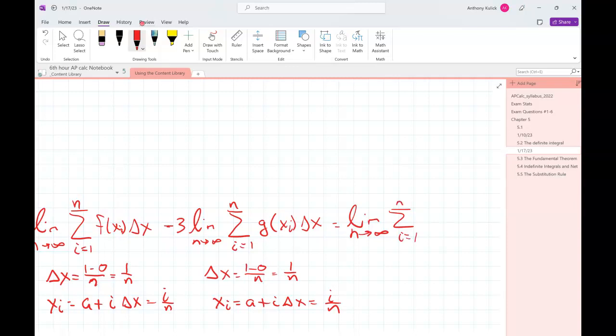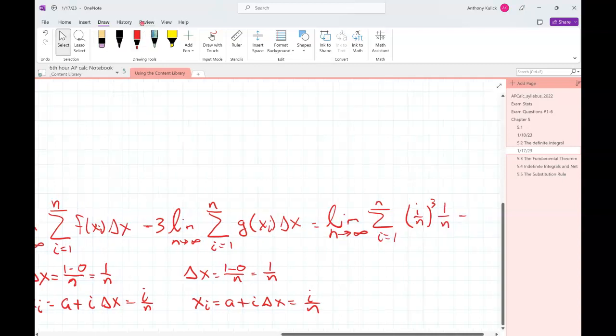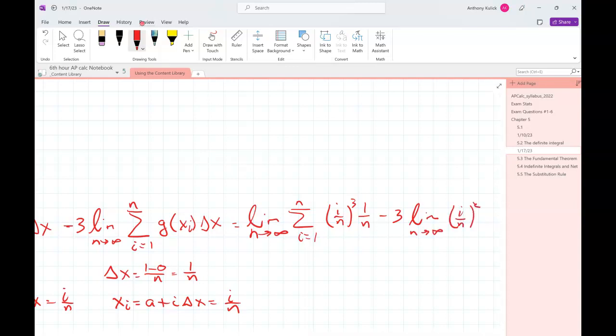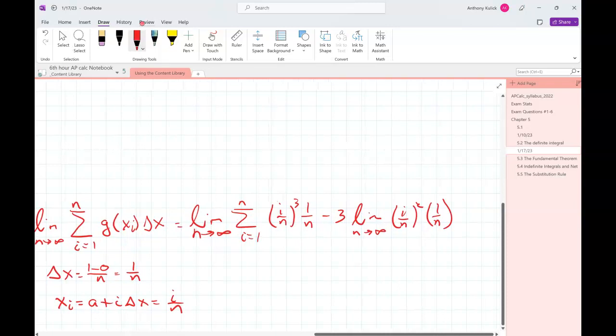So the first one was x cubed. And the second one was x squared. Now I'm going to cheat here.